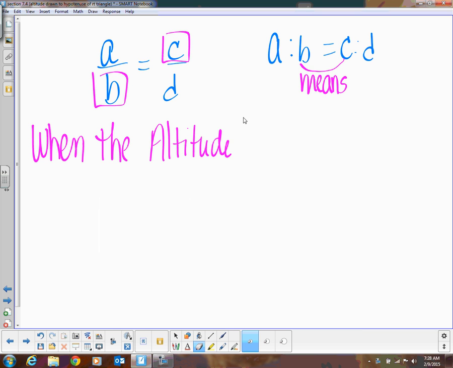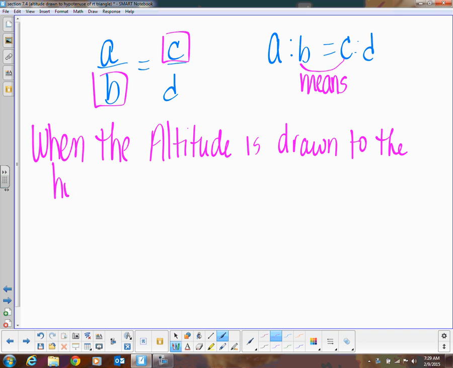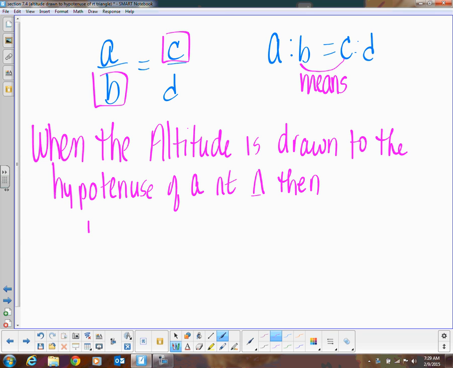When the altitude is drawn to the hypotenuse of a right triangle, then the altitude is the geometric mean.